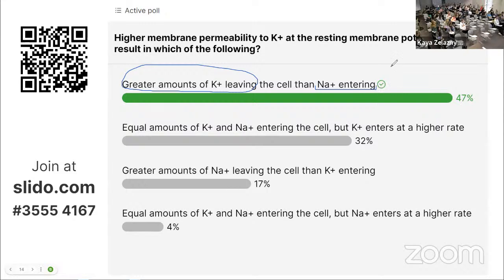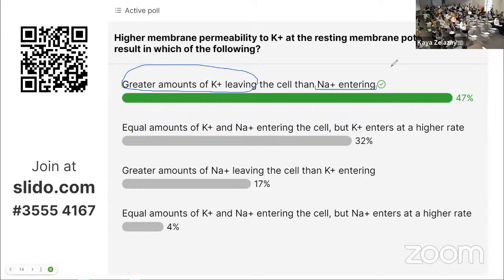So to figure this answer out, right, we would first need to know what direction these ions want to go, right, which we set up earlier, right? So we set up that our electrochemical driving force for potassium points out of the cell. Our electrochemical driving force for sodium points into the cell.